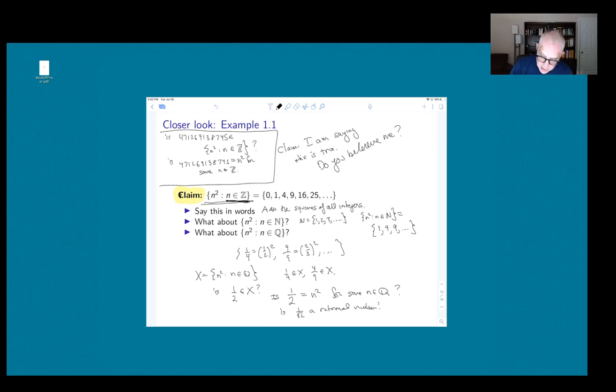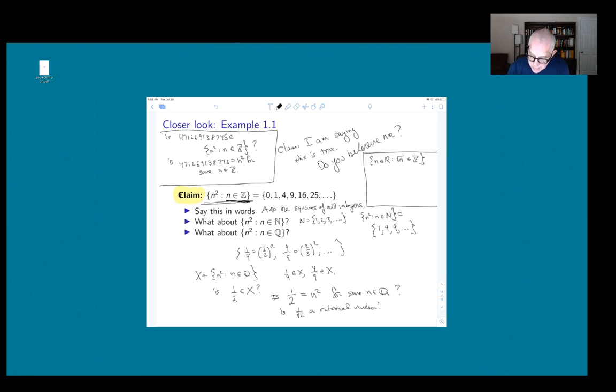Maybe I'll make one other comment about this, which is we could also have described this as the set of n in R such that the square root of n is in Z. Now this says that we're interested in real numbers whose square root is an integer.